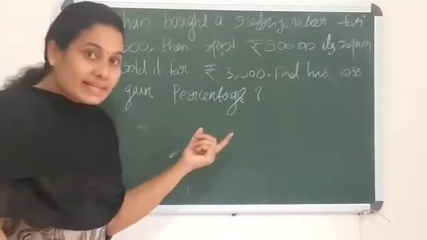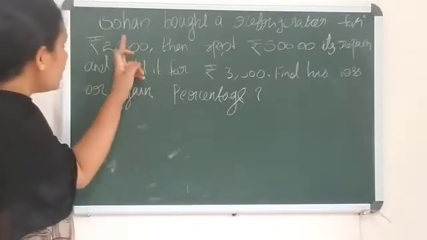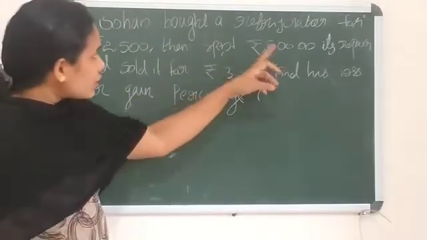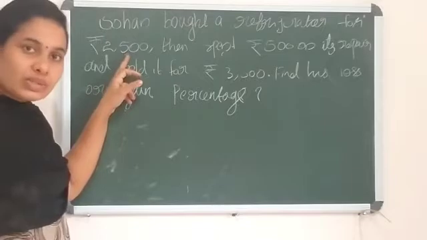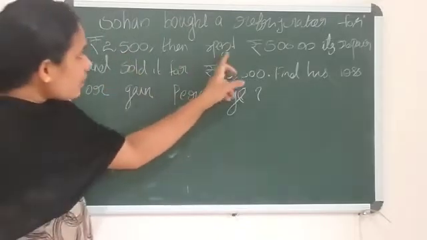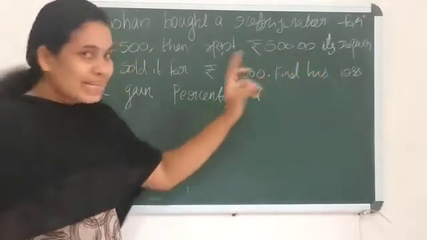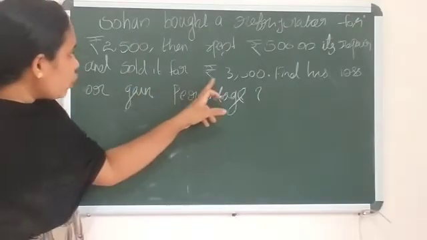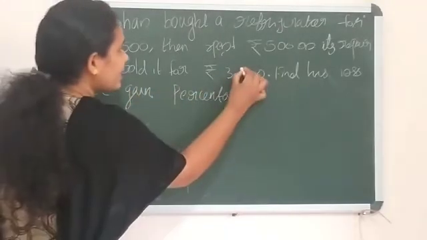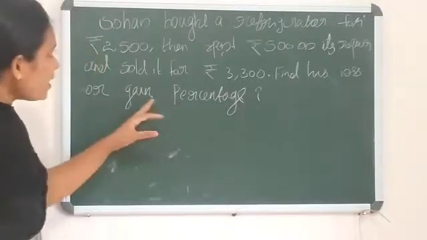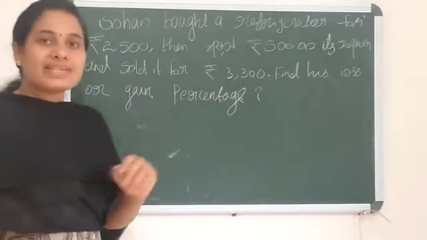Let's look at an example. Sohan bought a refrigerator for rupees 2,500, then spent rupees 500 on its repair and sold it for rupees 3,300. Find his loss or gain percentage.